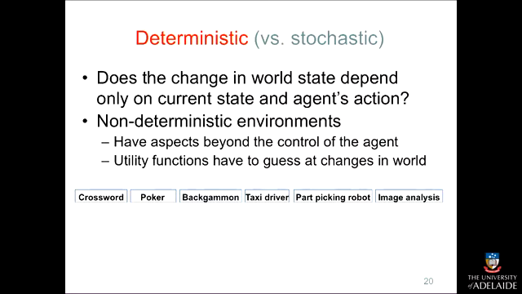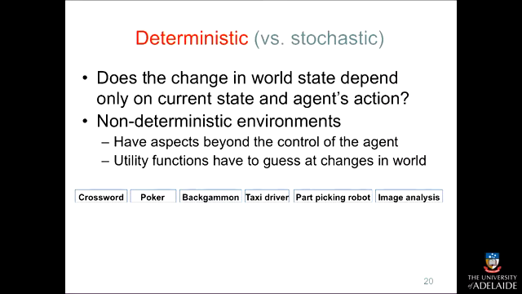So let's think about, I'm going to give you the answer for the part picking robot. Assuming all other things are equal, then potentially we could say that the world for the part picking robot is deterministic. Fixed number of parts, and they're all static on a bench, and we're going to go and pick up one and move it to another location. And if we assume that it's not going to knock other parts in some unpredictable way, then we can say that it's deterministic.